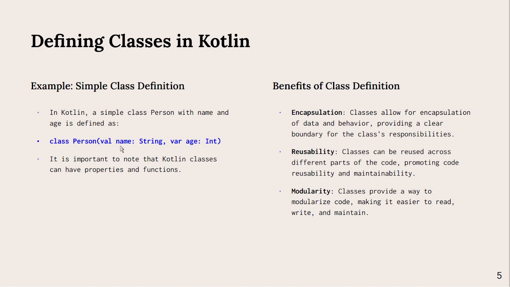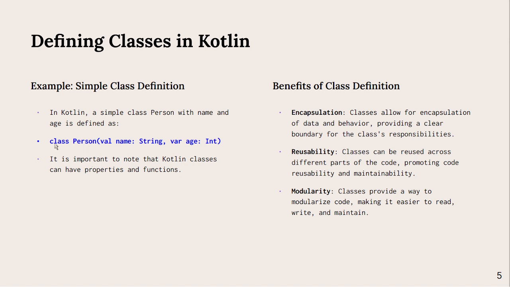So we may consider that in the Person class, there is a property called name and a property called age, and name is immutable, age is mutable. We now explicitly specify the name and age. The tool would generate the two fields or the two properties for you.